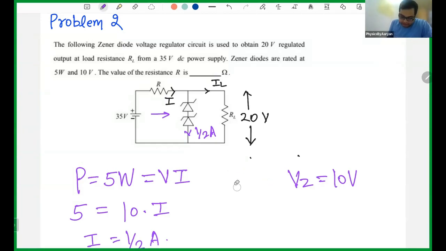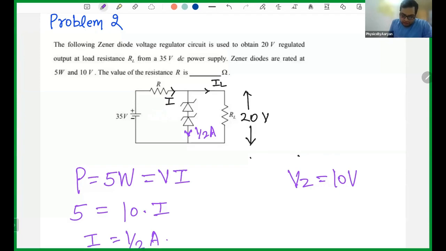So the maximum current I can give in my circuit is half ampere. I want to make sure that even if this happens, my circuit can at max handle half ampere current. So the maximum current in my Zener diode is half ampere. The current through the Zener diode is maximum only when all the current is flowing through the Zener and no current is flowing through the load.